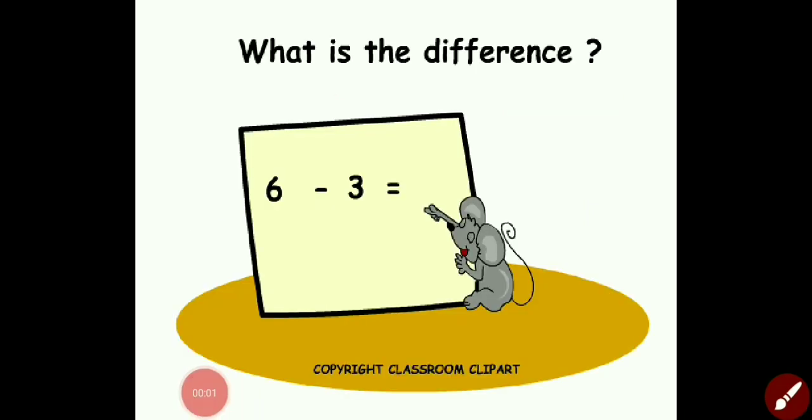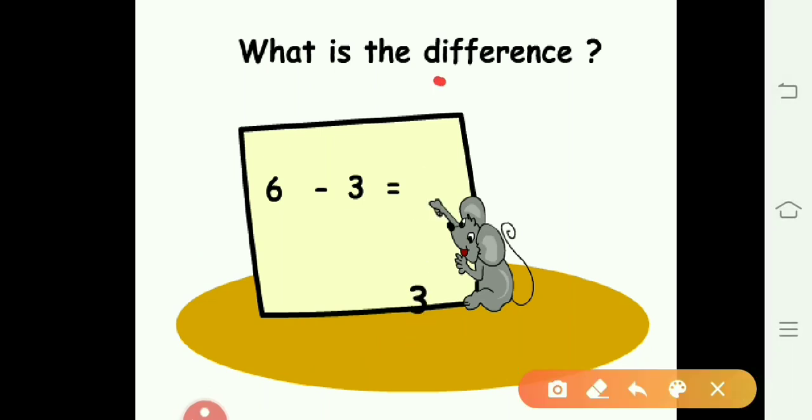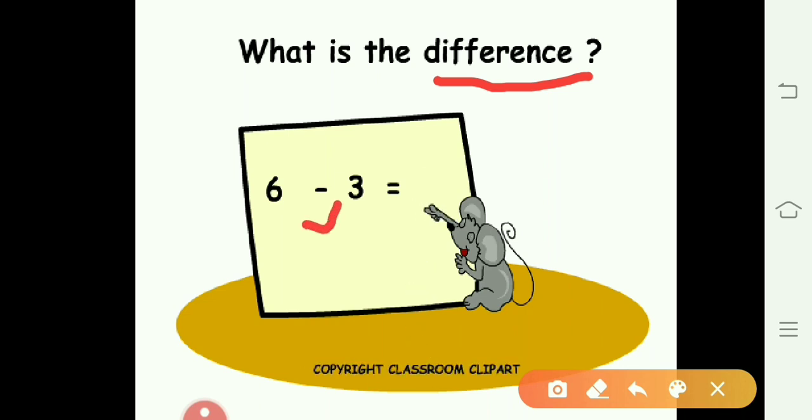And now let's move. What is the difference? Here you can see the new word and you must be thinking, ma'am, what is the meaning of difference? But don't be confused my child. Difference is another word for subtraction only. As I told you, when you see the sum, first pay your attention to the sign. Here it is a minus sign. Minus means to take away.